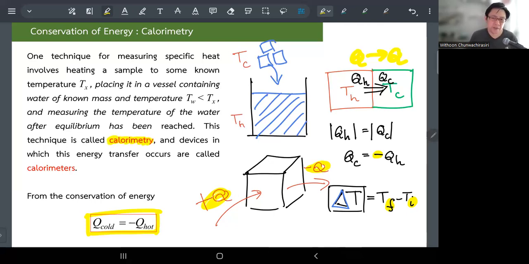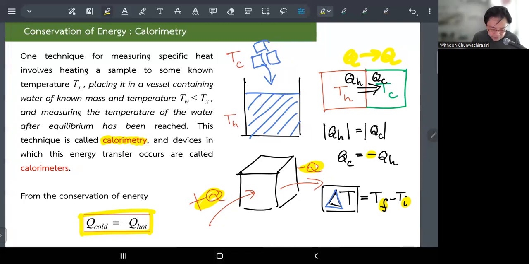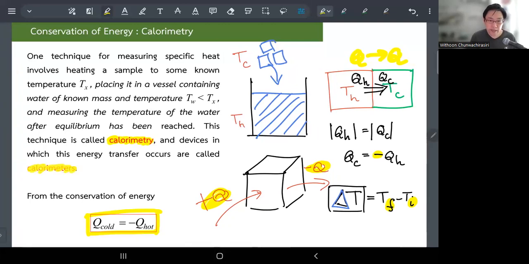Calorimetry is where you calculate the amount of energy flow due to the temperature difference. This is the oldest portion of heat study in our history of physics. The device that allows you to do this kind of calculation, which you might have used in physics lab, is a calorimeter. So these are concepts we can extend from the understanding of heat.